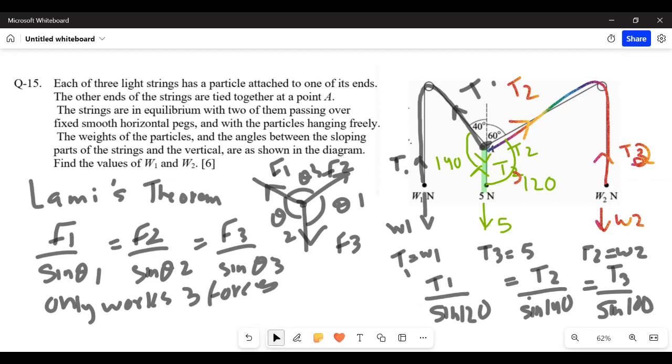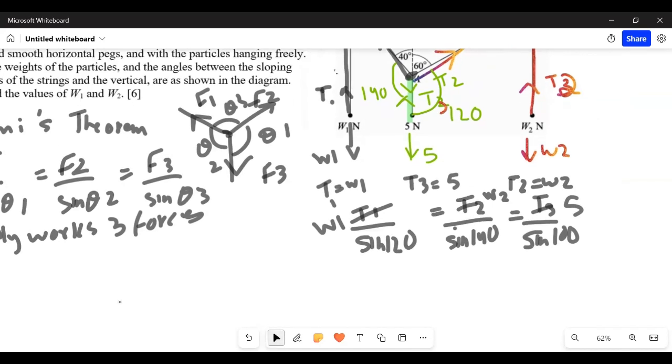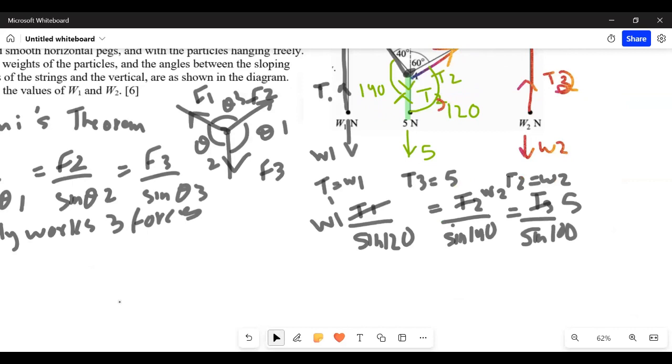Okay, अब T1 की जगह मैं लिख रही हूँ W1, because T1 and W1 are equal, because यहाँ से पता चल रहा है. Okay, T2 की जगह आई एम राइटिंग W2, और T3 की जगह आई एम राइटिंग 5. So now you need to use the first and the last fraction to get W1, and then the second and the last fraction to get W2.